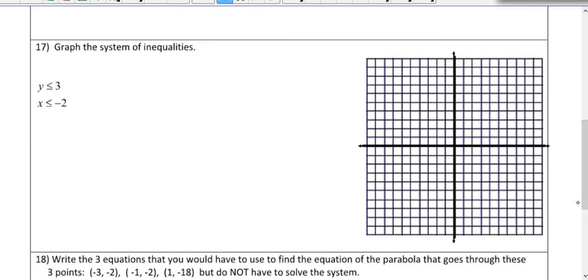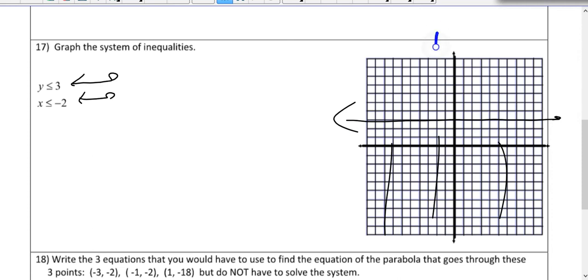Alright. Again, you can put these in Desmos, which makes it much easier. But remember, for Y is less than or equal to 3, that's going to be a solid line. They're both solid lines. So that's easy because Y less than or equal to 3 is a horizontal line right here. Well, this one, X is less than or equal to negative 2.